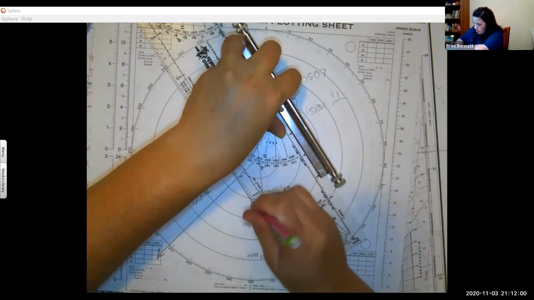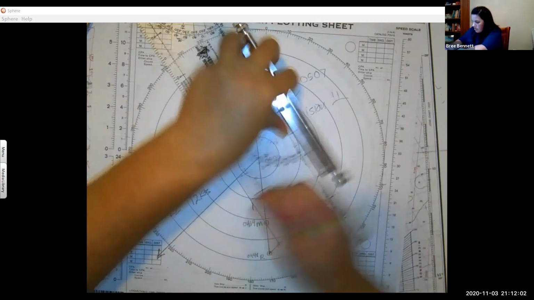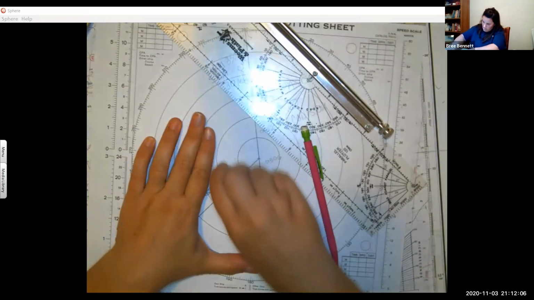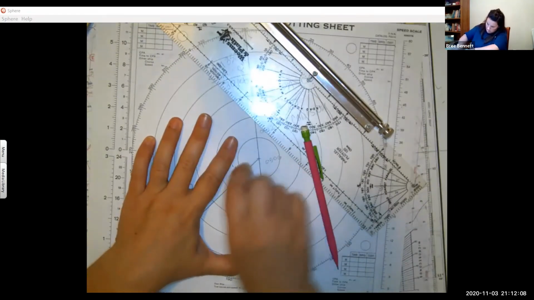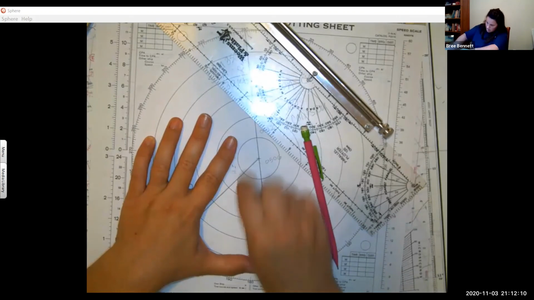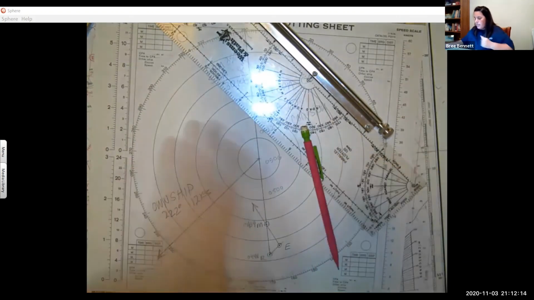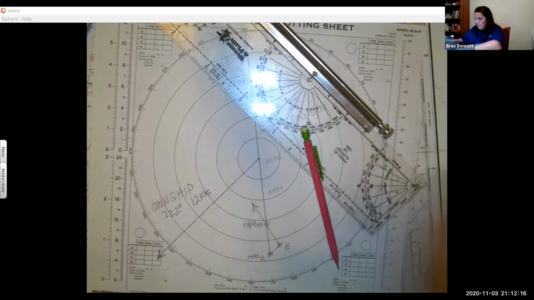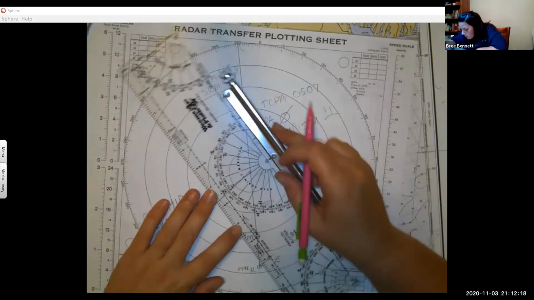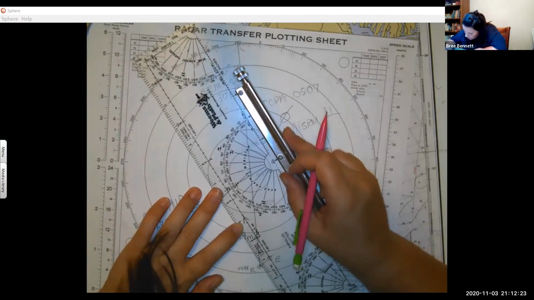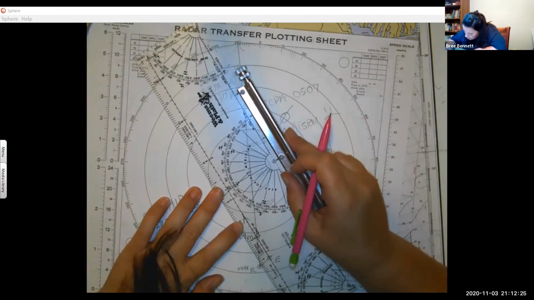Oops. I shouldn't have drawn it that far. Okay. E to M is them. And I want to figure out what their actual heading is. So I can write in the number.